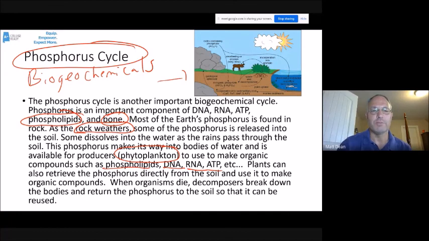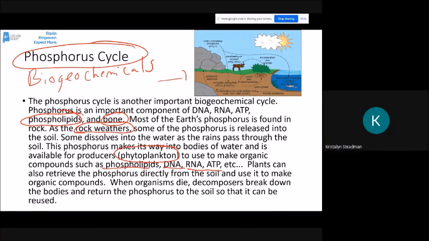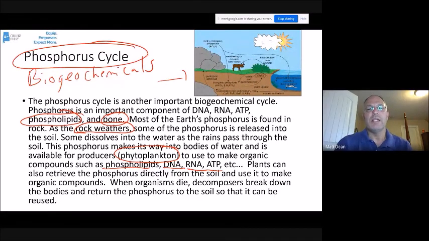I heard somebody else with a question. I wanted to ask about the last thing you said about the phosphorus. You said it was made of rock, and I forgot what you said after that. Okay, not so much that it's made of rock. Most of Earth's phosphorus is found in rocks. That's where it's stored on Earth. So the way that it gets out and is made available to living things is that the rocks are broken down through weathering, through wind and rain and just typical environmental things.